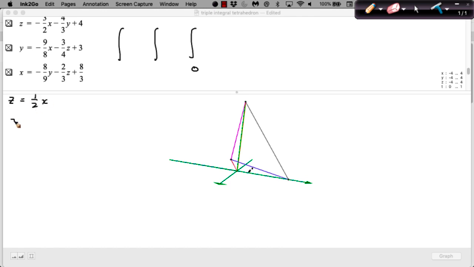Or x equals... is that correct? This is 2, 0, 1? That's right, okay, 2, 0, 1. All right, so sometimes x goes from 0 to what? So let's do the bottom first. 0 to 2z.